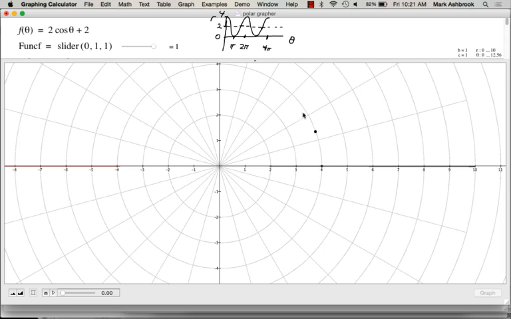As the angle rotates through this first quadrant, values of r are going to decrease until they reach (pi over 2, 2), or here, right? And r values are going to decrease. So here's what most students do.